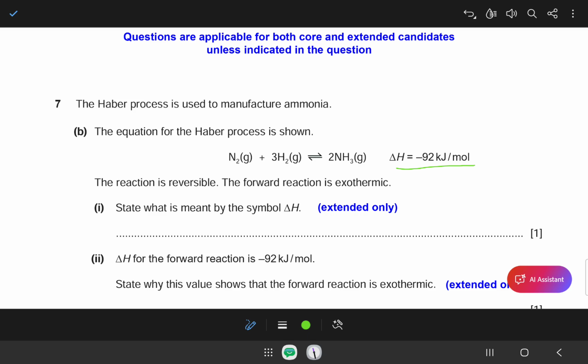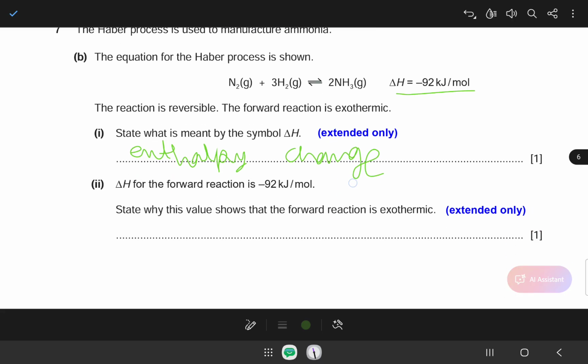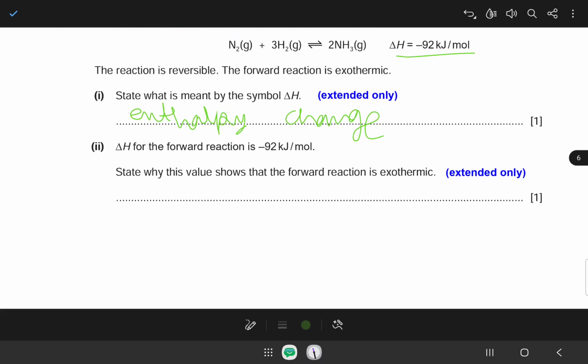State what is meant by the symbol delta H. So delta H means enthalpy change. Delta H for the forward reaction is minus 92 kJ. State why this value shows that the forward reaction is exothermic.